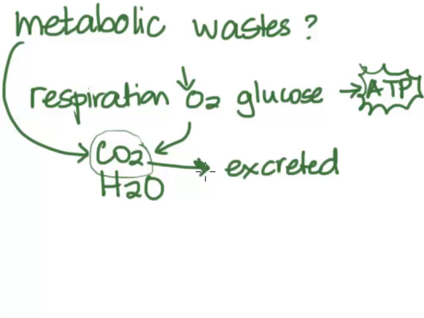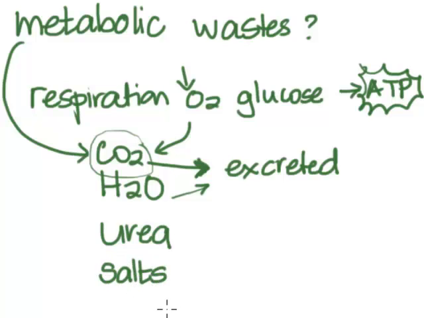High amounts of carbon dioxide can poison the body. In the same way, although water isn't a poison, excess water needs to be removed from the body. Other metabolic wastes are substances called urea, and urea is produced when proteins are broken down, and different salts, ammonia salts and chloride salts, for example, need to be also excreted or removed from the body.